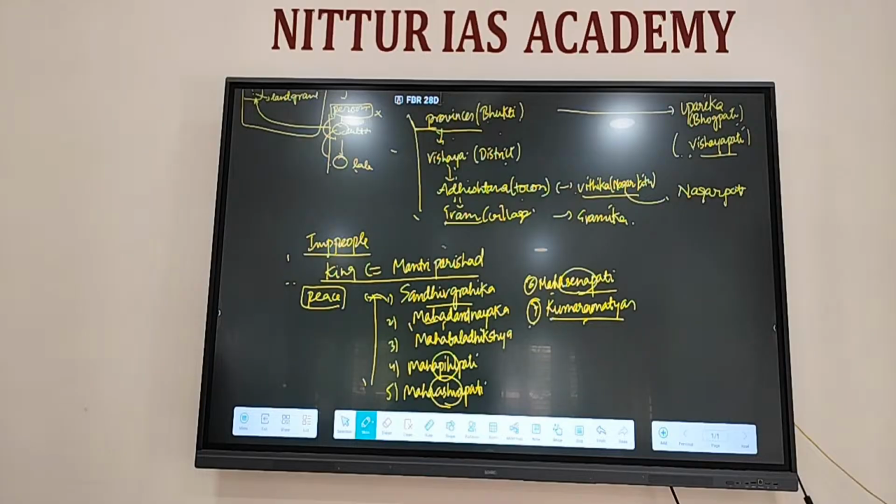So write down these names and what they were in charge of. First, Sandeep Grahika: Minister of Peace and War, in bracket Foreign Affairs.